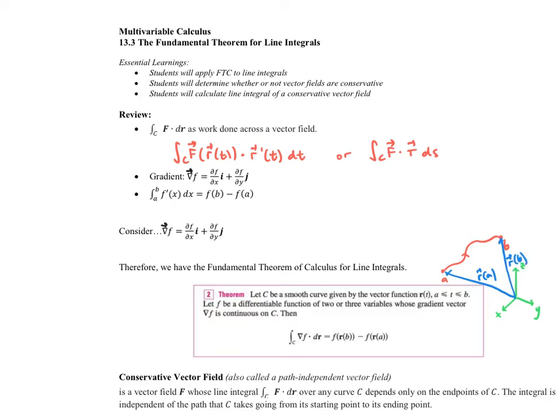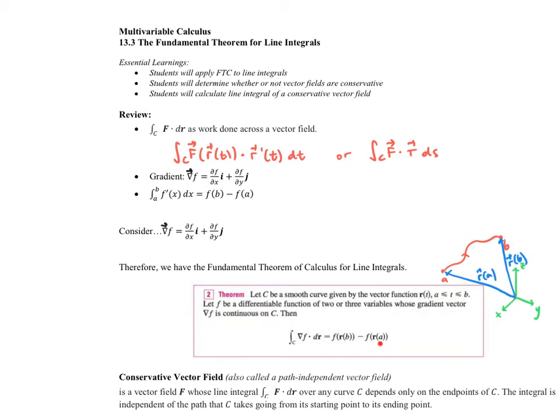What this theorem says is that if you have a gradient vector field, then you can calculate the line integral by taking the antiderivative of this, which I'll talk about in a second, which is f of where you end up, so r of b, minus where you started, r of a.